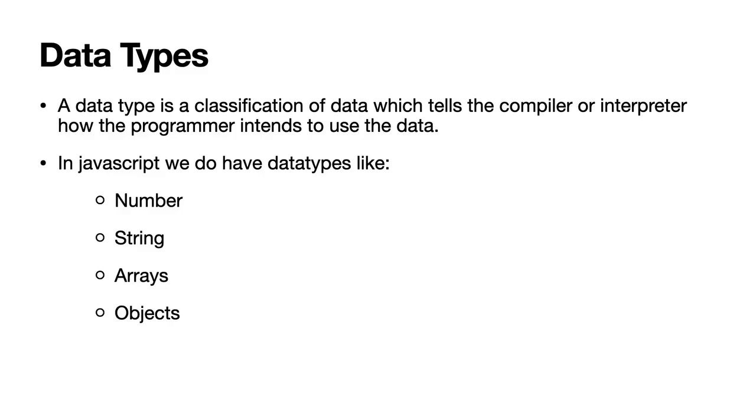In JavaScript, we won't have separate data types as in C or C++. We have many individual data types there, but we do have one larger data type here called number. The second thing is string, and the third thing is arrays. You must be familiar with arrays if you are familiar with any programming language. And the last thing is going to be objects.